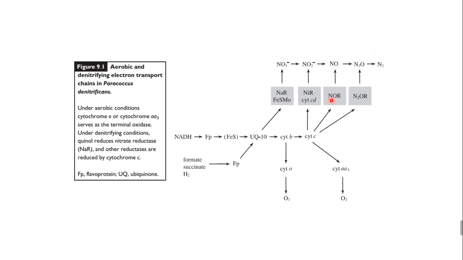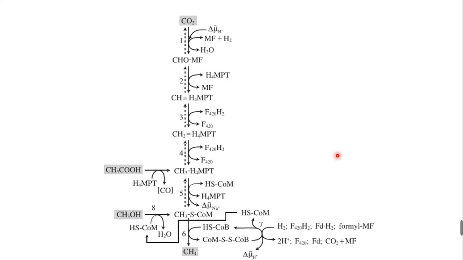In this reaction, the enzyme involved is nitrate reductase, which is a major contributor to anaerobic respiration, and the cytochrome c is also anaerobic respiration based. So now the end products are nitrogen, nitrate, nitrogen dioxide, and nitrite also. And this is a model.